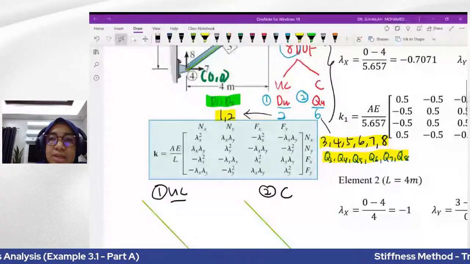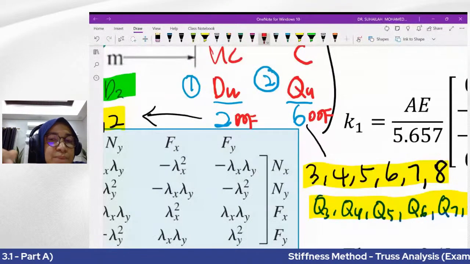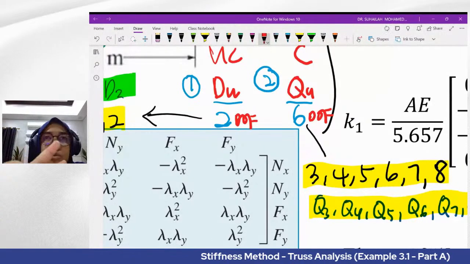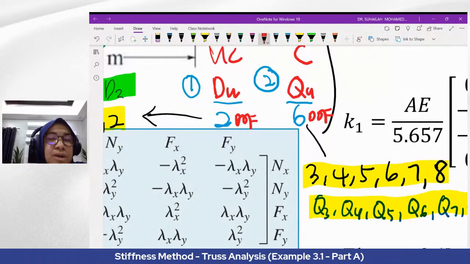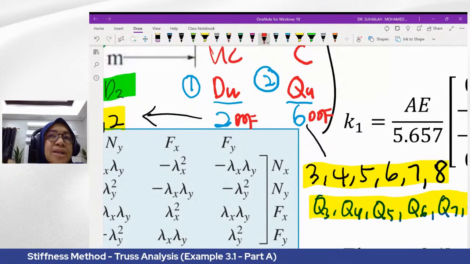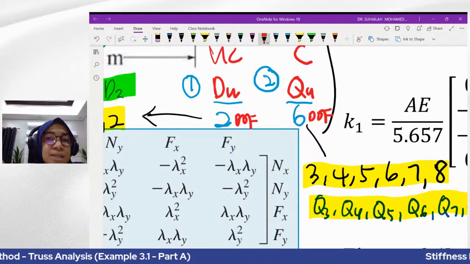Okay, these 2 represent degrees of freedom, meaning that under the unconstrained system there are 2 degrees of freedom, and under the constrained system there are 6 degrees of freedom.